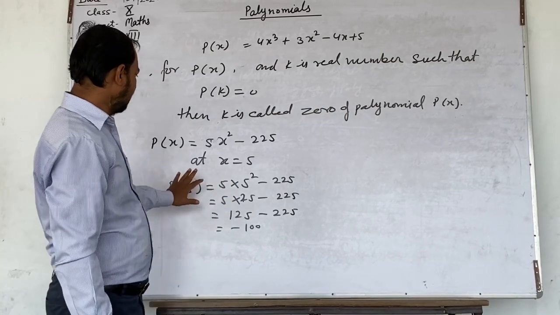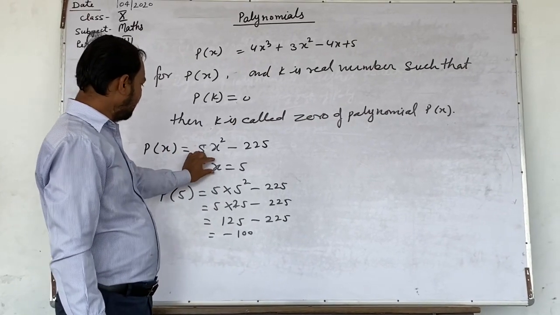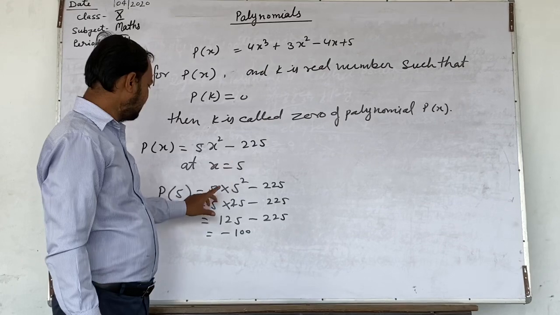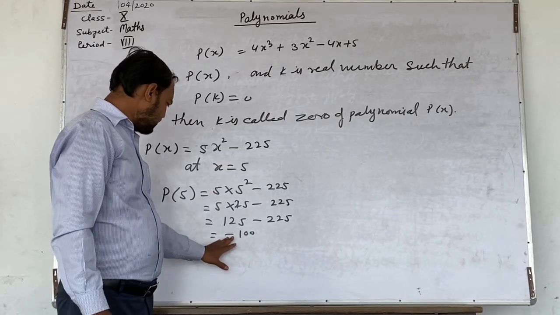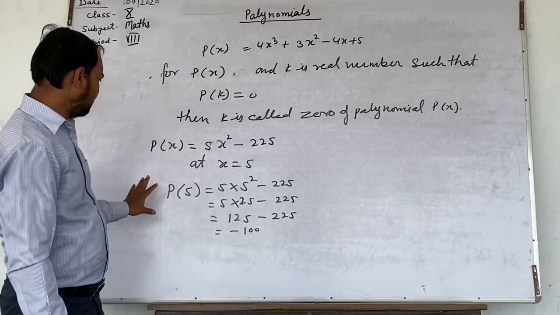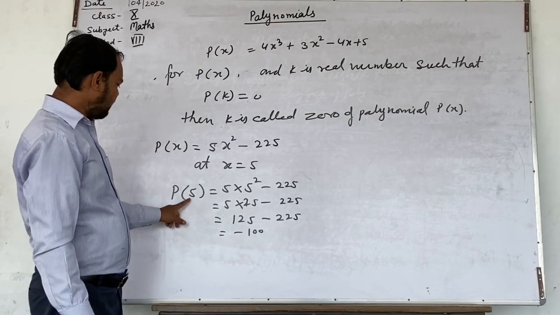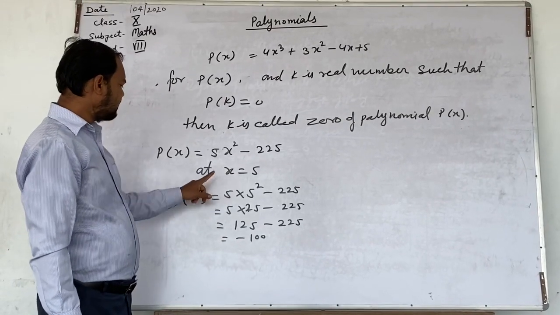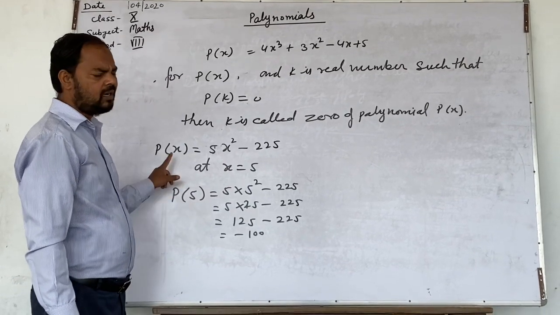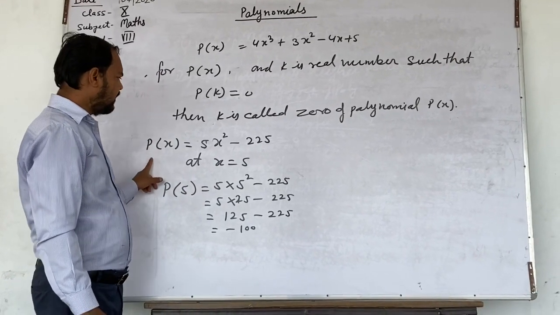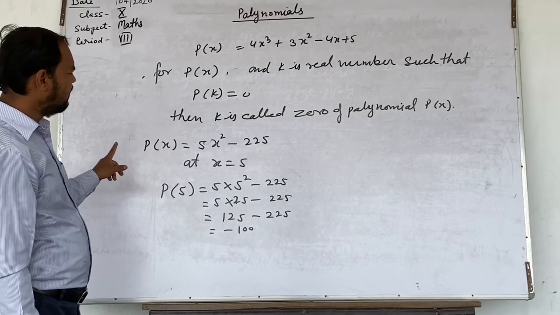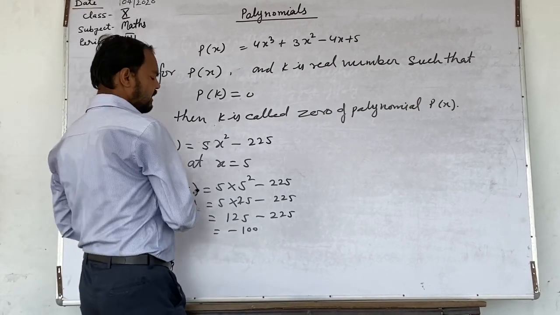See, in this case, when we put the value of x equal to 5, this becomes minus 100. The value of the polynomial p(x) becomes minus 100. So we will say 5 is not a zero of the polynomial p(x). So let us take another example.